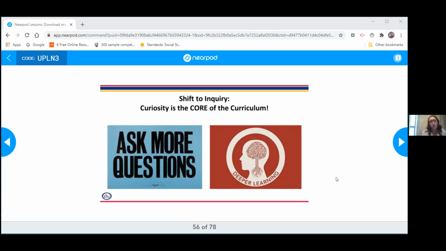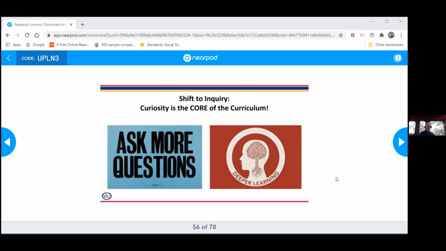And so thinking about inquiry, how can we get our kids asking questions and engaging with higher level questions on a daily basis? That's kind of the idea behind the shift that we make in social studies to this inquiry idea. So we're going to talk through the inquiry design model just real quick.